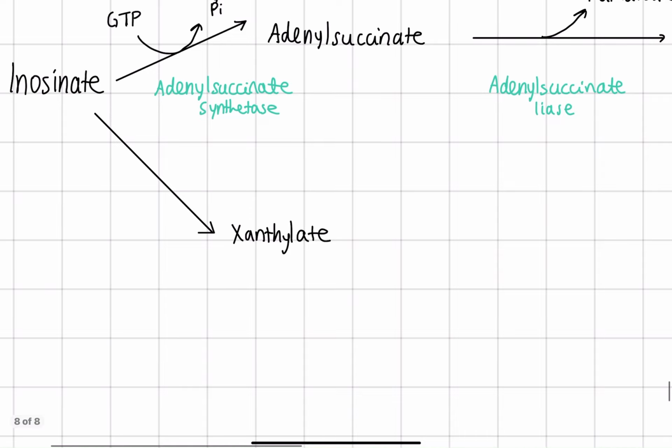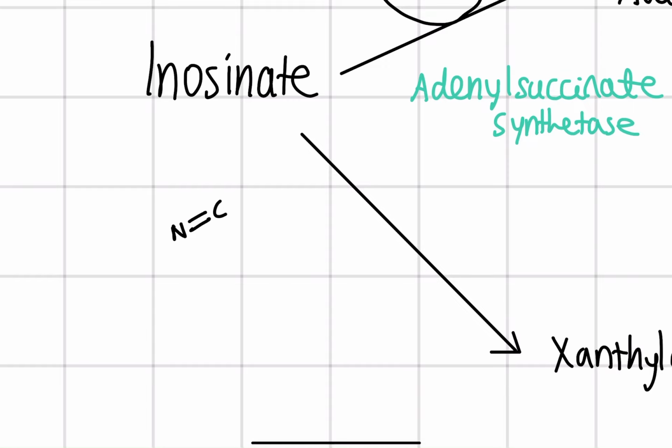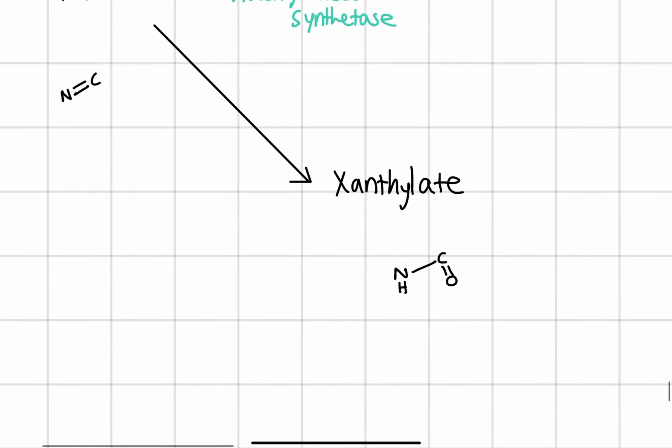You can see inosinate at 6 o'clock. You have a double bond C=N, but here you get an NH with a C double bond O. So of course, something needs to be oxidized and something needs to be reduced. Redox.